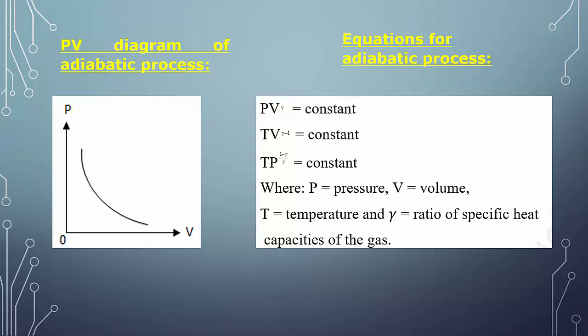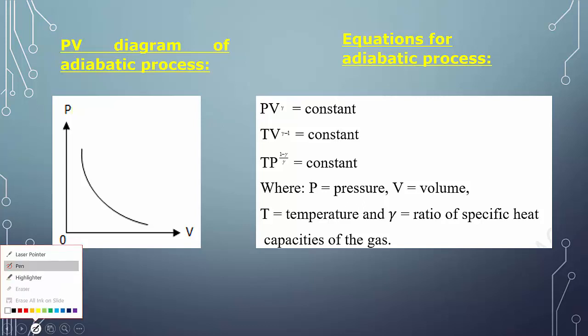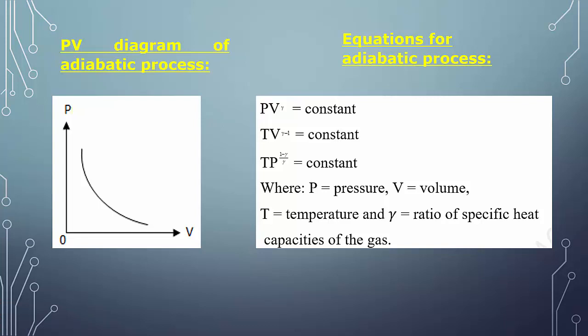The first equation is PV raised to gamma is equal to constant, where gamma equals Cp divided by Cv, specific heat capacity at constant pressure and specific heat capacity at constant volume. Already you studied about this point in the chapter thermal properties of matter.